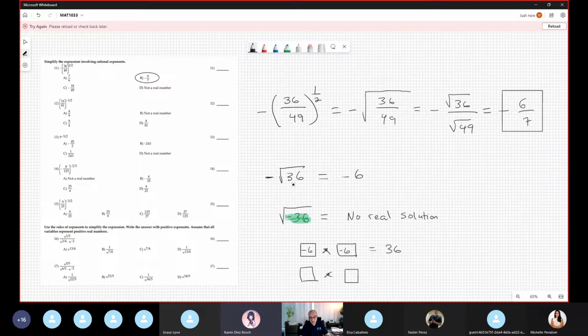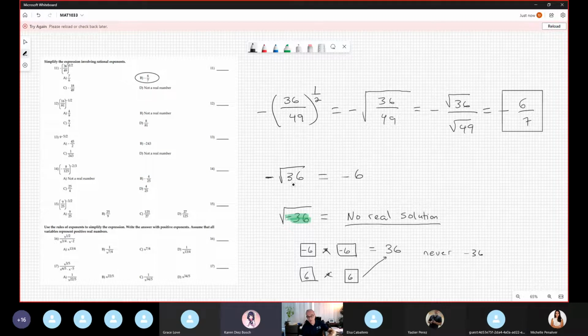So mechanically, when you see a square root and inside the square root you have a negative number, automatically you write: no real solution.